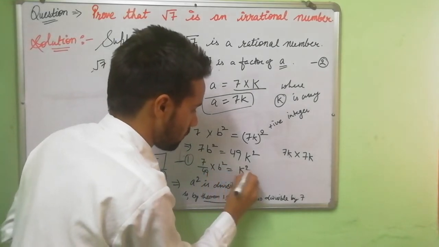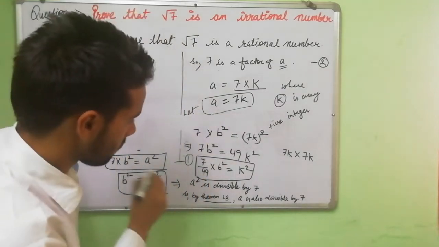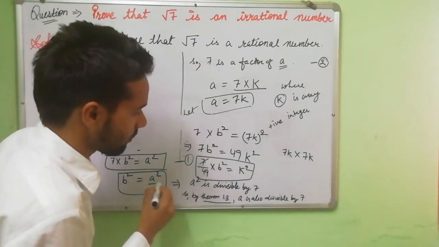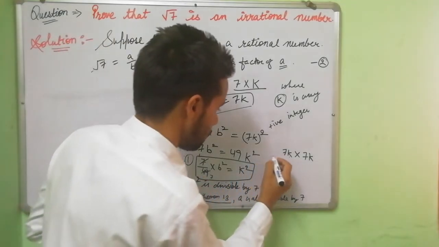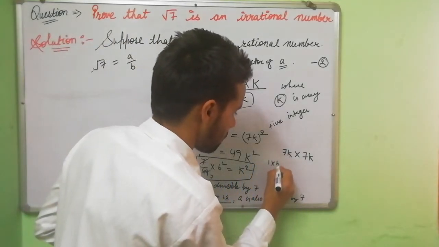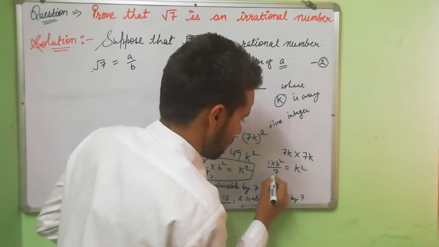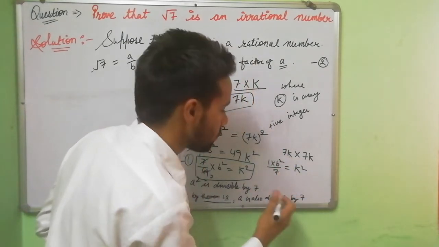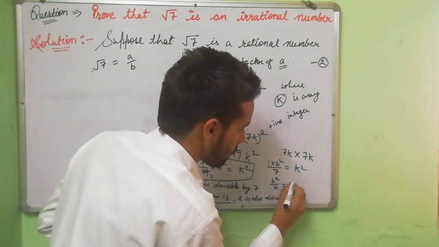So here I can divide, 7 1 is 7, 7 7 is 49. You get b square divided by 7 is equal to k square.